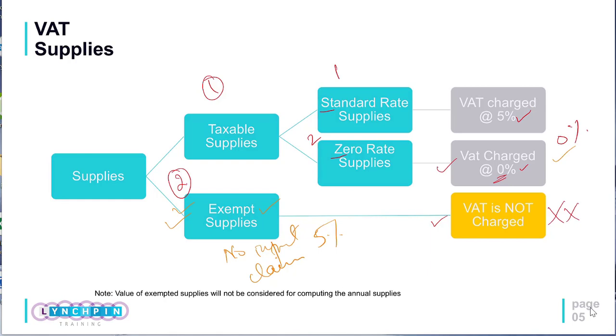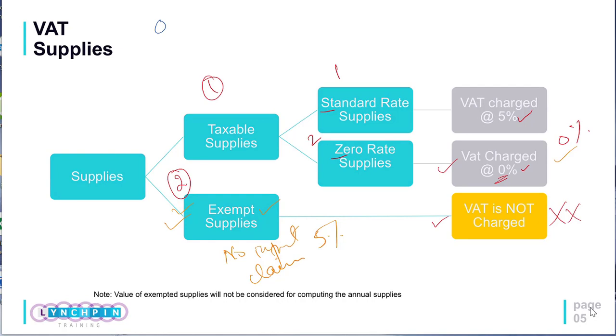Now let me take this opportunity and introduce another type of supply which will not be included in taxable or exempt, but still we will have this with us. It is actually out of scope supplies. Out of scope supplies are such supplies where the place of supply is outside UAE.